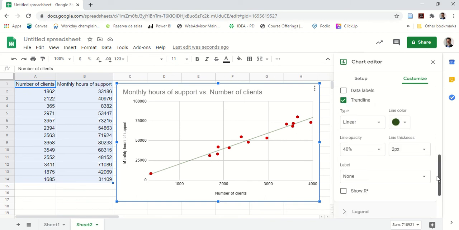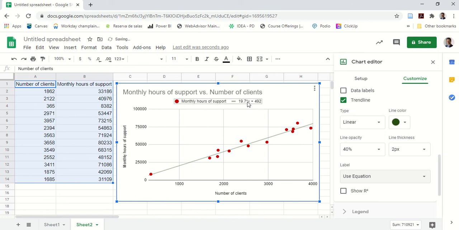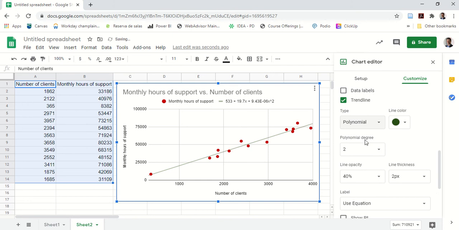And so for now, let's just see the equation, and I'm going to add the equation here, and you have here the equation. So let me actually look at the polynomial, and you can see here that it's 9.4 times 10 to the power of minus 6, which is almost 0 in the x squared.